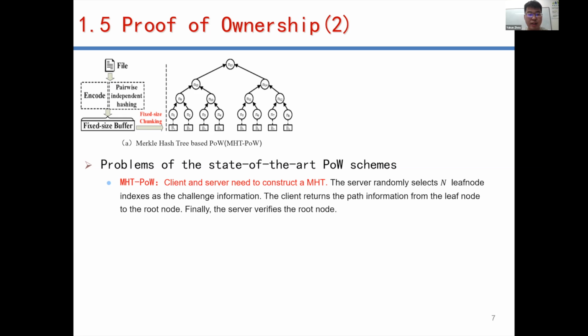As we can see, in the MHT POW, the client and server both need to construct a Merkle hash tree, and the server randomly selects a leaf node index as the challenge information. The client returns the path information from the leaf node to the root node. Finally, the server verifies the root node.